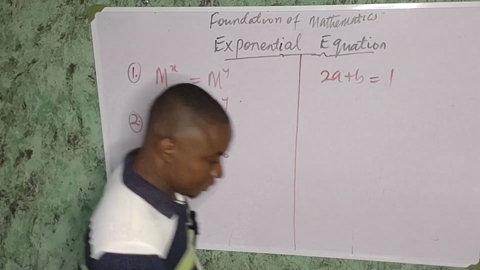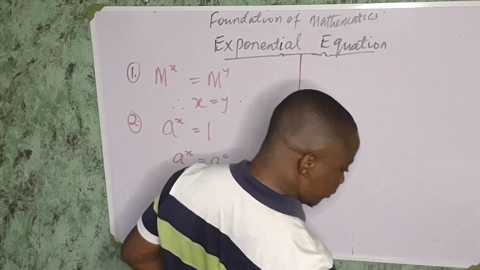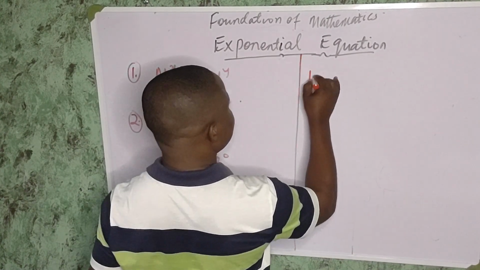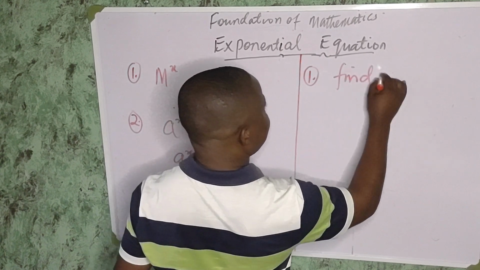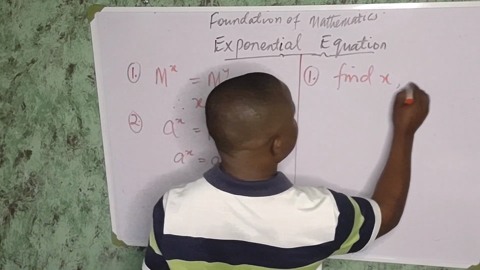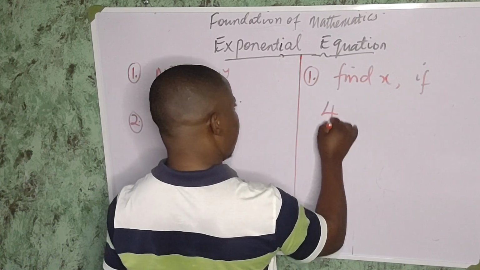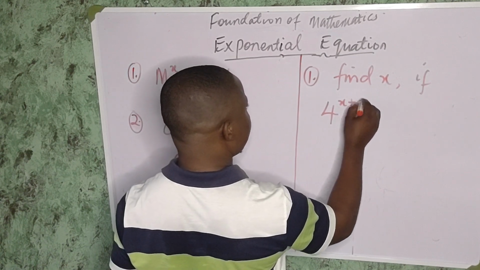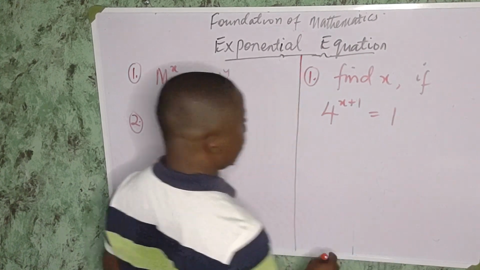Let's start. Example 1. Find x if 4 power x plus 1 equals to 1.